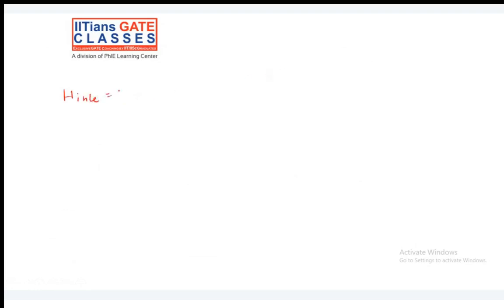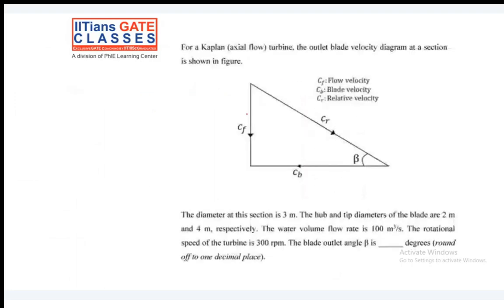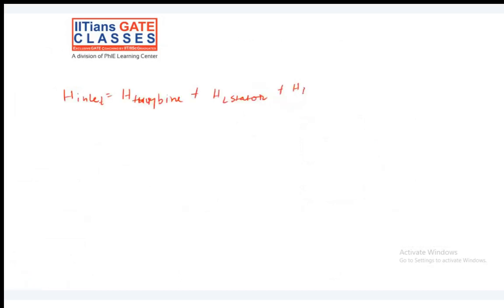From this, some head will be developed by the turbine. Some will go into head loss in the stator, and some into head loss in the guide vanes. Then some will go into head loss in the rotor, and some into head loss in the draft tube.